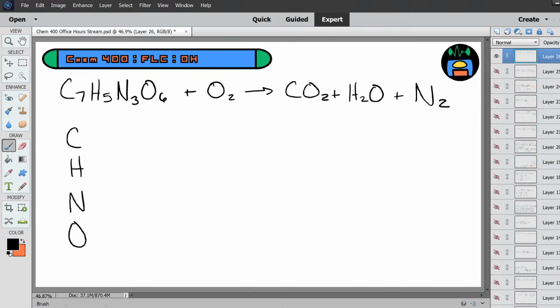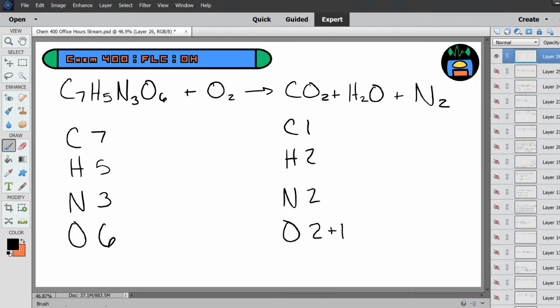All right, on our reactant side, 7 carbon, 5 hydrogen, 3 nitrogen, 6 oxygen. On our product side, 1 carbon, 2 hydrogen, 2 nitrogen, and then 2 oxygen from CO2, 1 from water.